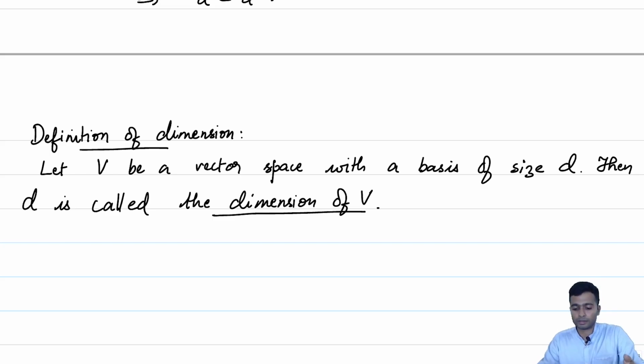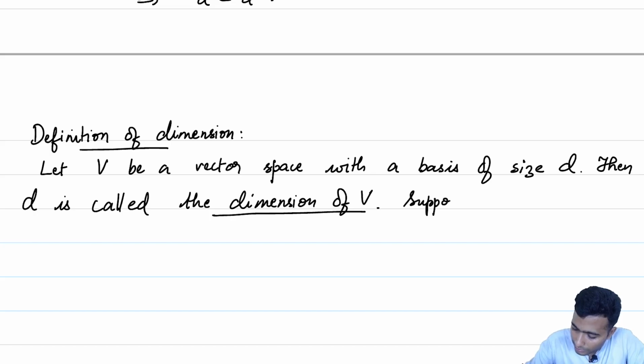We just noted that this is a well defined number. Depending on the basis, the size will not change. You take any two bases, if there is one basis of size d, any other basis should also have size d. So this is a well defined quantity, and this dimension captures a lot of information about the vector space which we will see later. However, before going into all that, let's give the definition of an infinite dimensional vector space.